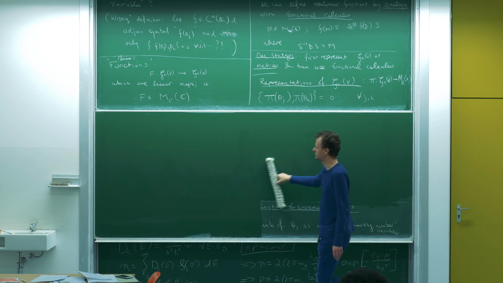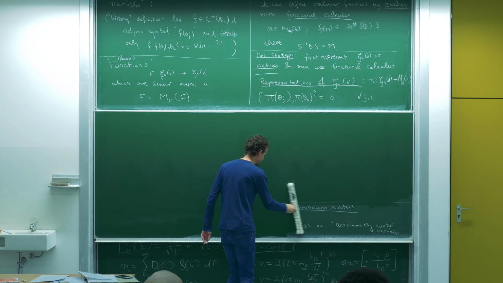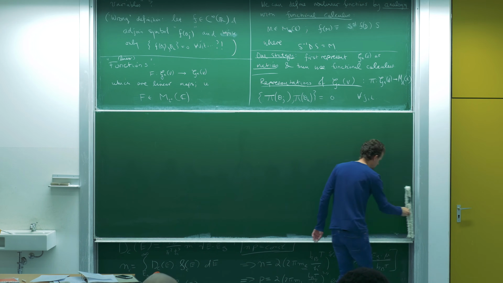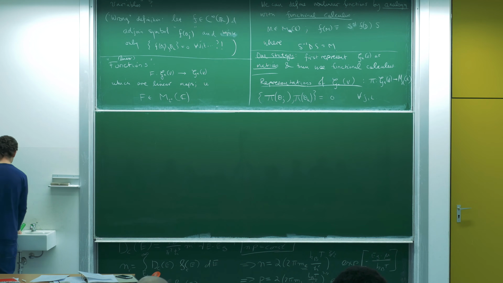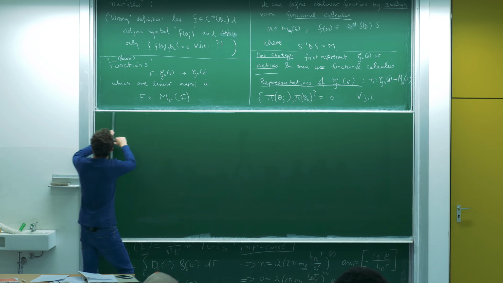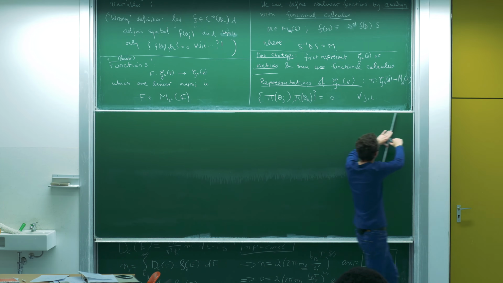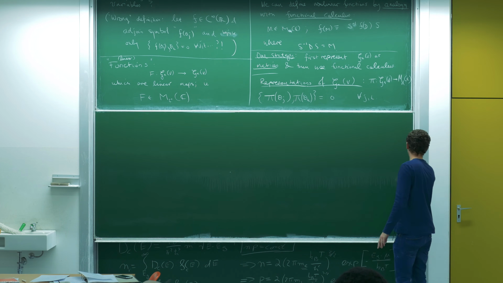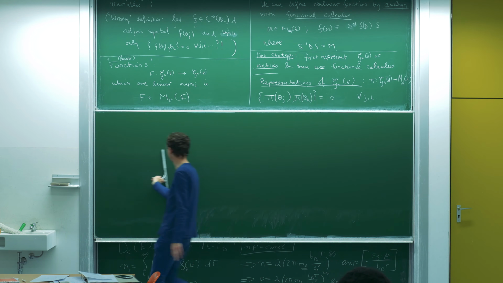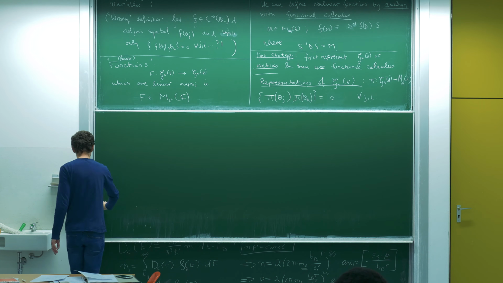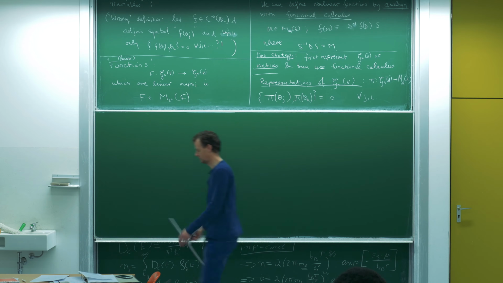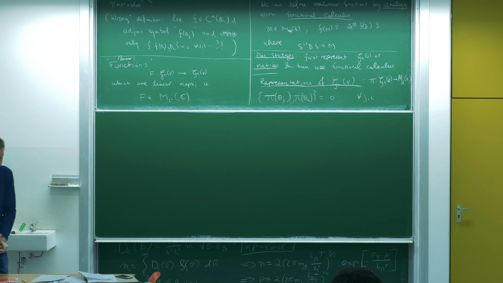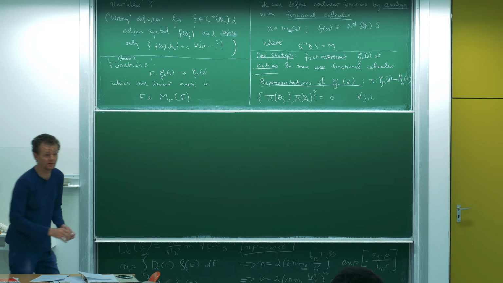I'll give you one example of a concrete representation of these Grassman numbers that's faithful enough that we can define things in terms of the representation, or at least guess what the right definition is. Okay, you've already seen this representation before.